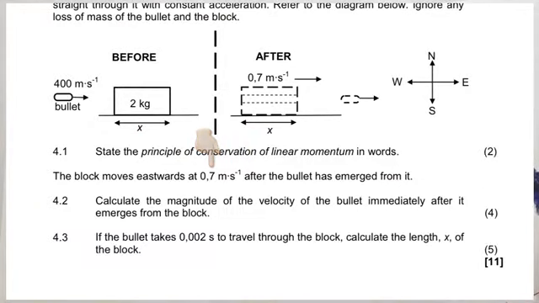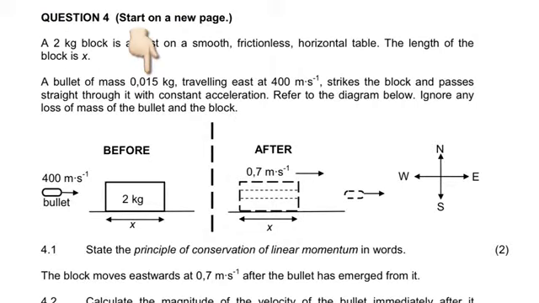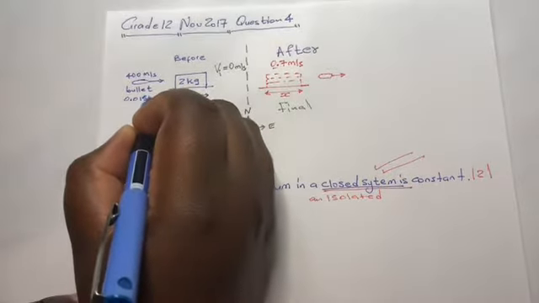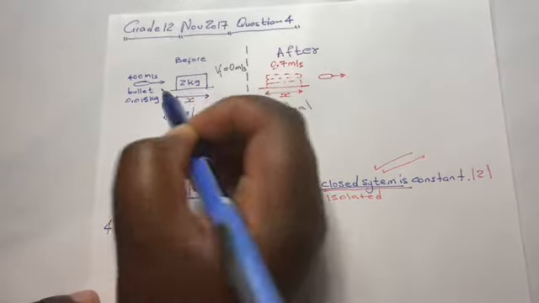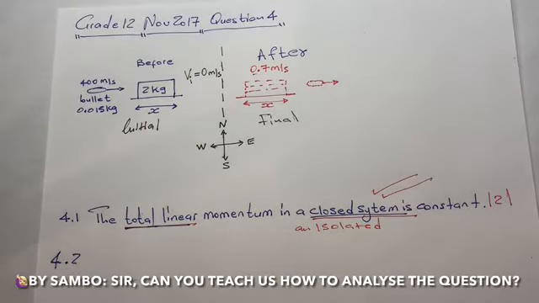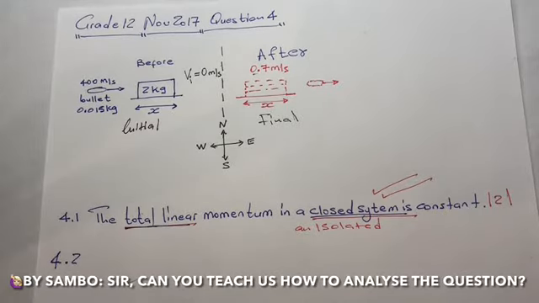And I've just noticed that we're actually given the mass of the bullet, which is 0.015 kg. So that's the mass of the bullet. I think we are now good to go.